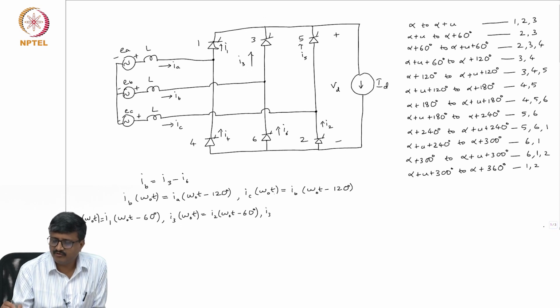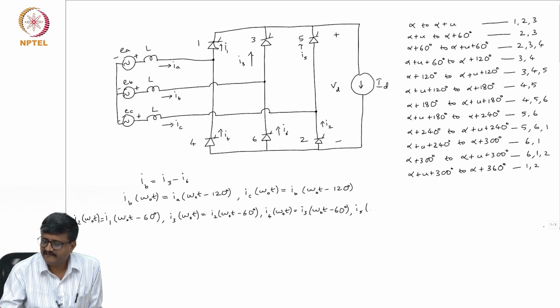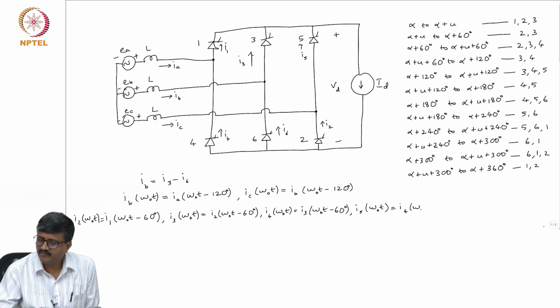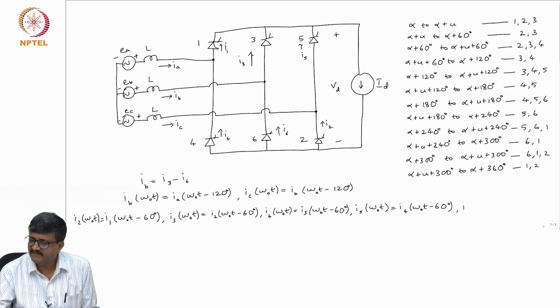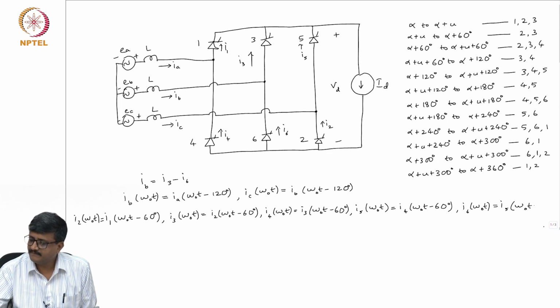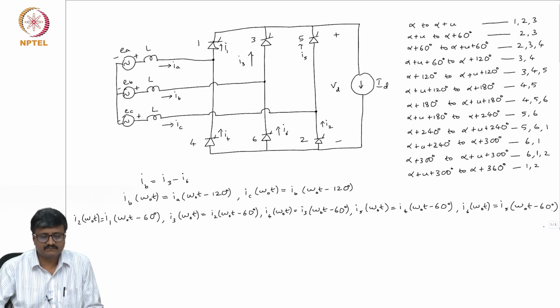Then I4 of omega OT is I3 of omega OT minus 60 degrees, then I5 of omega OT is I4 of omega OT minus 60 degrees, then I6 of omega OT is I5 of omega OT minus 60 degrees. And of course, I1 of omega OT will be I6 of omega OT minus 60 degrees.